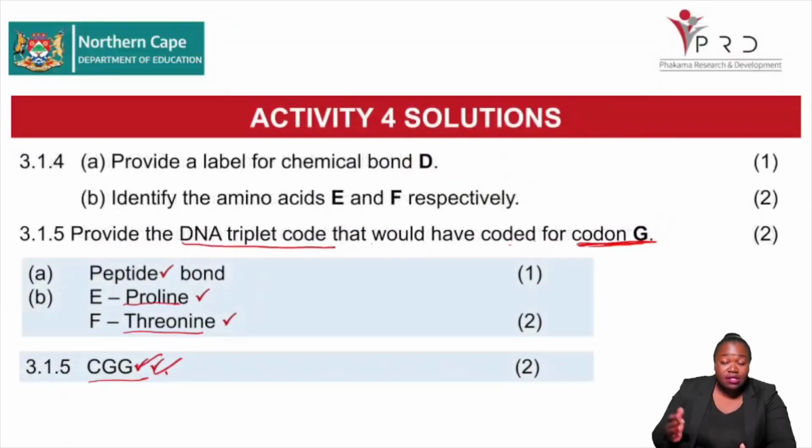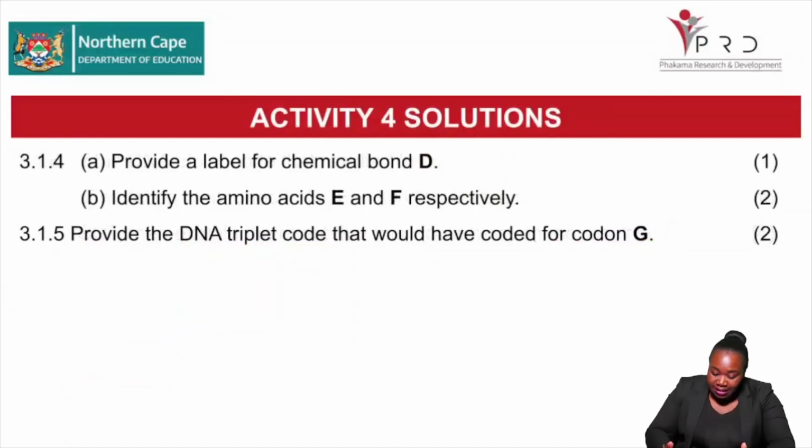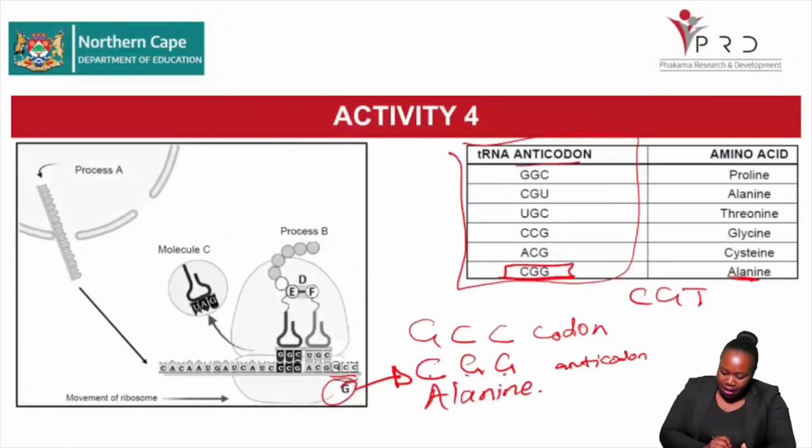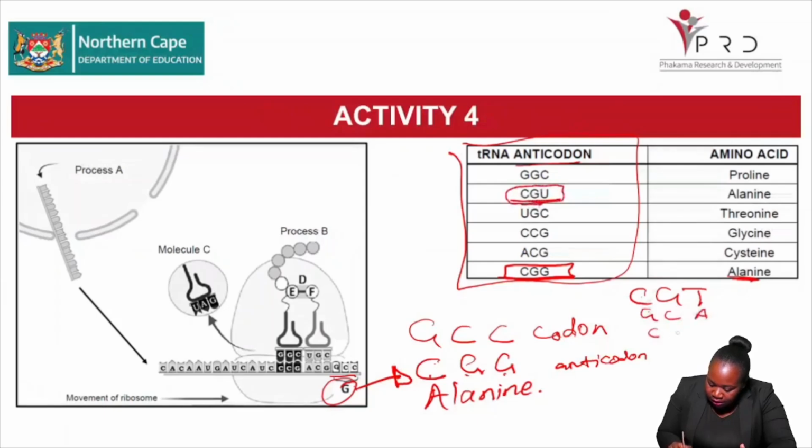It means it's going to give us a different amino acid. But let's check. Is it really giving us a different amino acid? It's still giving us CGU. So CGT, GCA, CGU gives us alanine. So the amino acid has not changed.